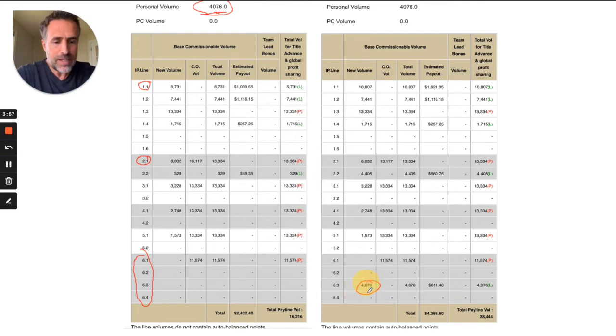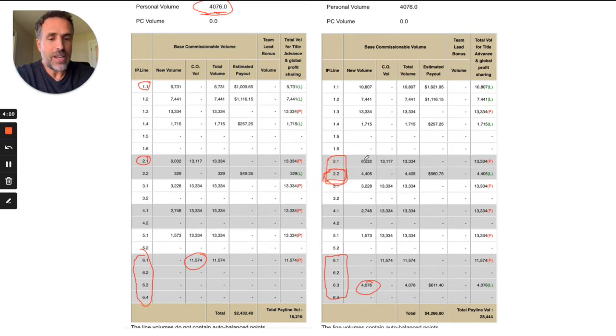It placed it in 6.3, so line 3 of my position 6, because I already had 11,000 points in my position 6.1. So they placed that here, and position 6, as I told you, is placed under position 2, and actually under position 2.2, exactly.